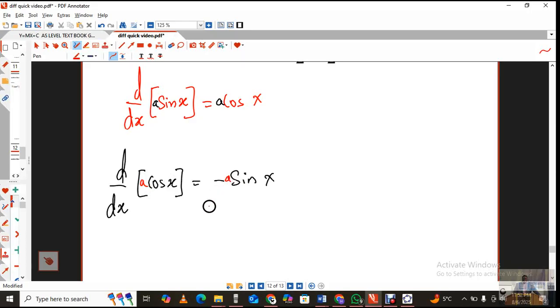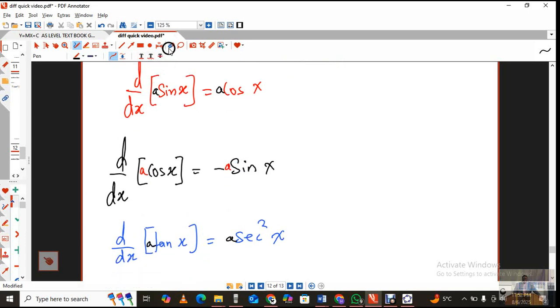Then another thing is if you have d by dx of the tangent of x, that is nothing but sec square of x. Again, similarly, if you had a constant there, it would just be like that. That's the basic ones, and then you build your knowledge from there.